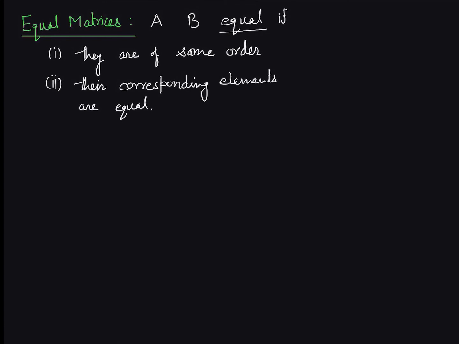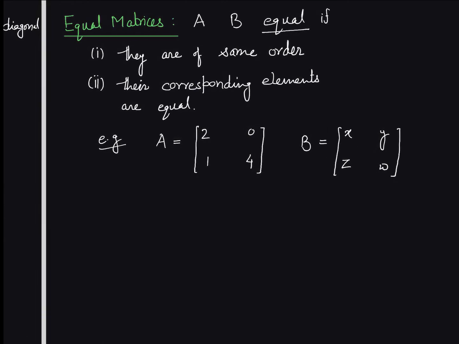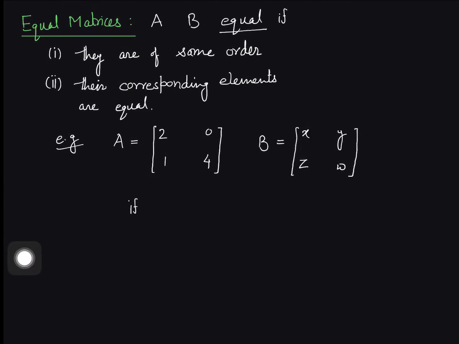For example, we will say that matrix A and B are equal if you see that corresponding element W is equal to 4.